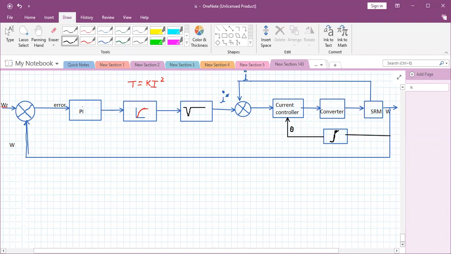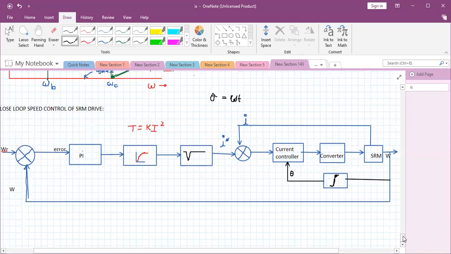Yes, one thing, just a second. Here also we have various modes of the SRM. So the various modes of SRM depend upon what? Can anybody tell me what is the basis to decide the various modes of operation? Which quantity have we taken as a reference to decide the different modes of operation of SRM?